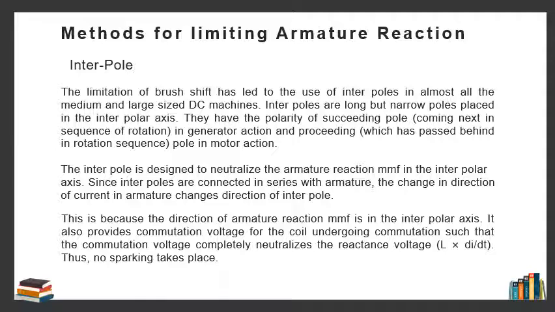This is because the direction of armature reaction MMF is in the interpolar axis. It also provides commutation voltage for the coil undergoing commutation, such that the commutation voltage completely neutralizes the reactance voltage, like L di by dt. Thus, no sparking takes place.